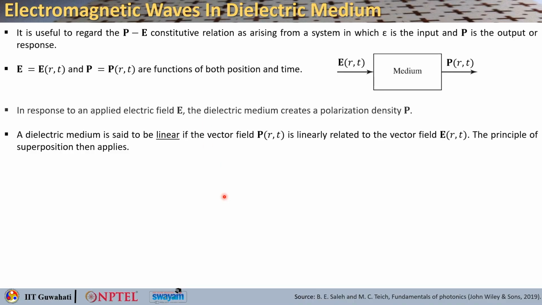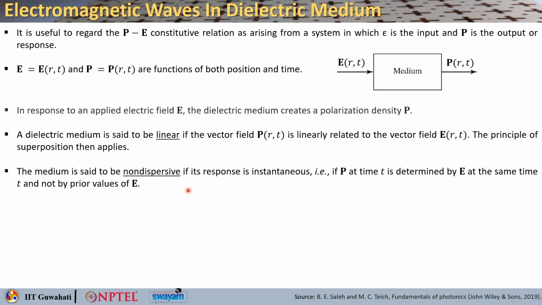A dielectric medium is said to be linear if the vector field P is linearly related to the vector field E. In that case, the principle of superposition will apply. The medium is also called non-dispersive if its response is instantaneous. That means P at time t is determined only by the electric field at the same time, not by the electric field values which were previously there.